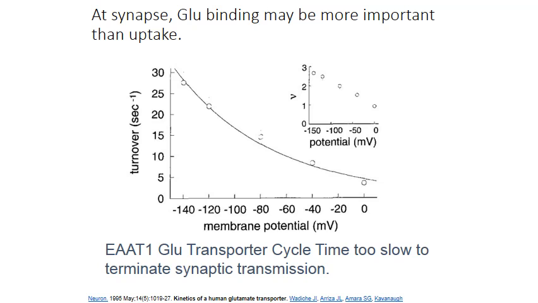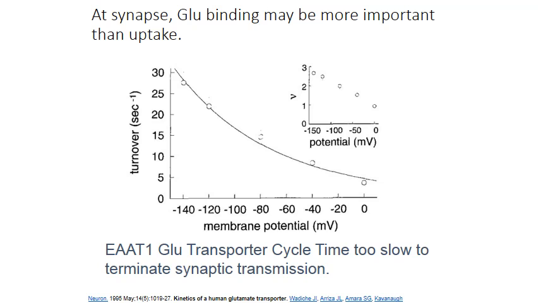In this very careful and exquisite biophysical experiment by Susan Amara and colleagues, she measured the number of charges carried by a single glutamate transporter in one cycle, and that varied with membrane potential.